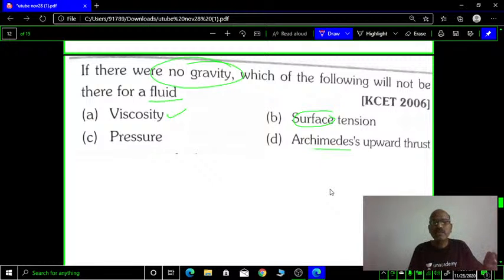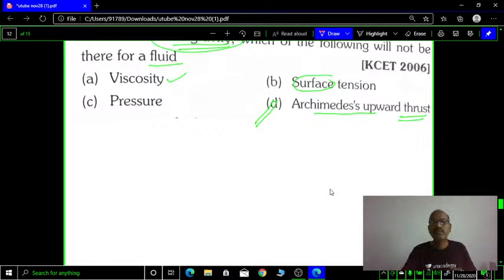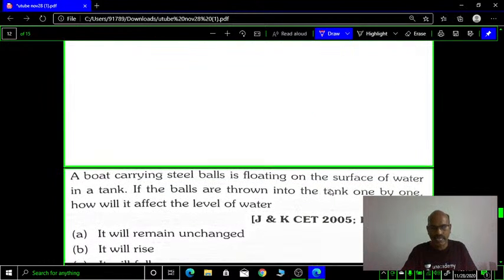Archimedes principle shows the buoyant force depends on g. But here there was no gravity. So the correct answer is the Archimedes upward thrust only, because upthrust depends on g. Here there is no g, so the answer is D.